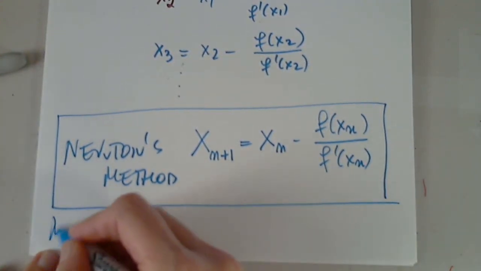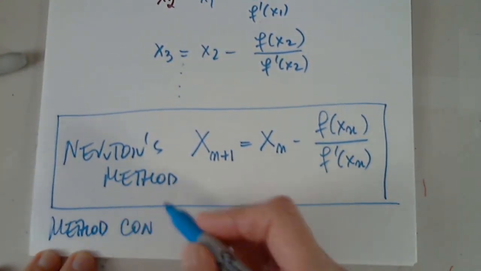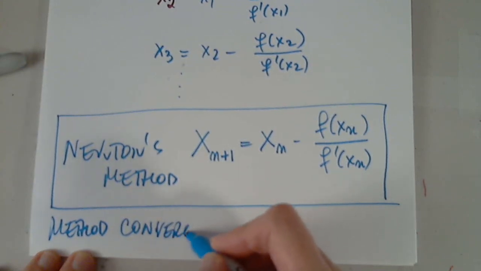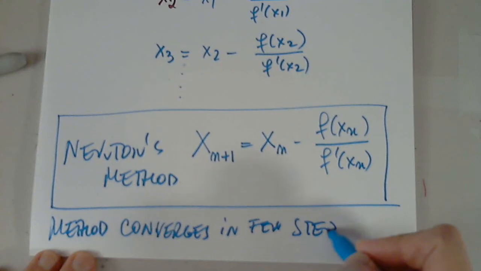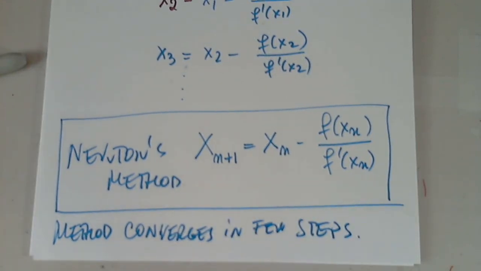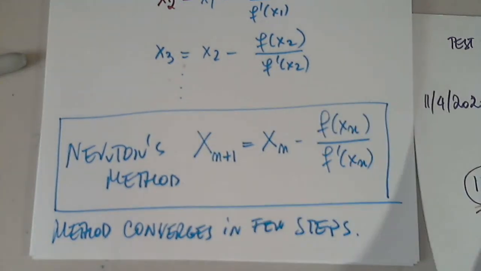The method converges in few steps. By few steps, I mean 3, 4, 5 at the most, depending where you start. Before we look at our example that I picked, sine x equals x squared minus 2, I have to come back here.